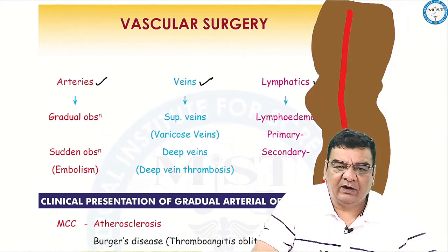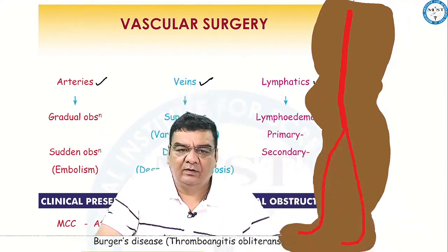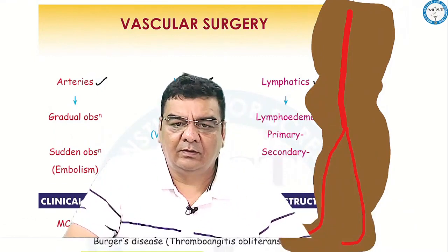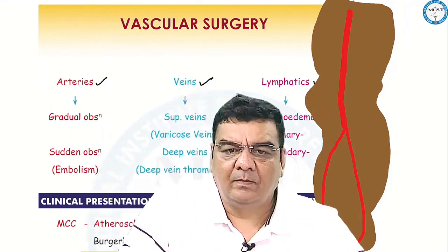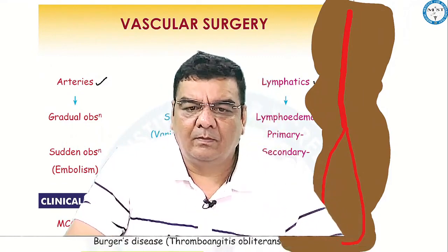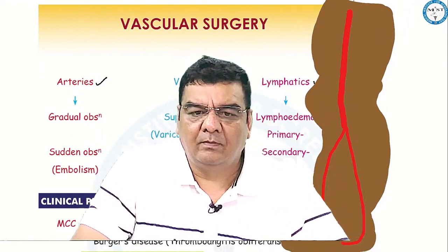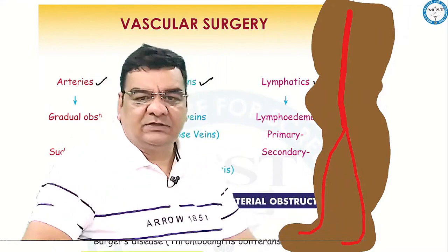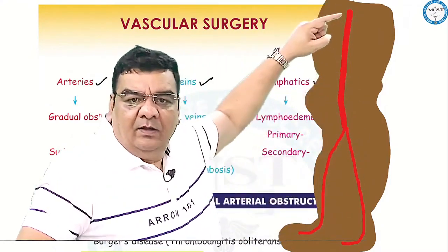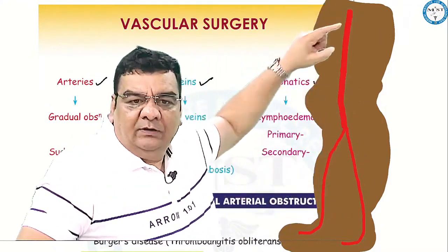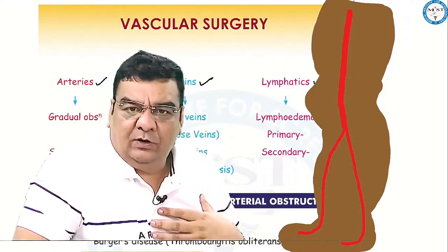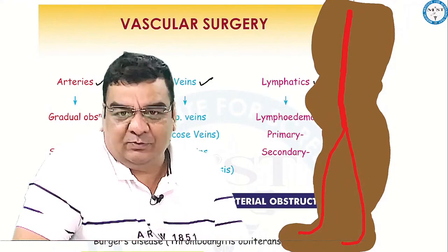The job of the artery in the body, beta. What is the job of the artery? Now here, if we try to understand this story, we all know, beta, that God has given us a pump, that is the heart, to pump the oxygen to different parts of the body.